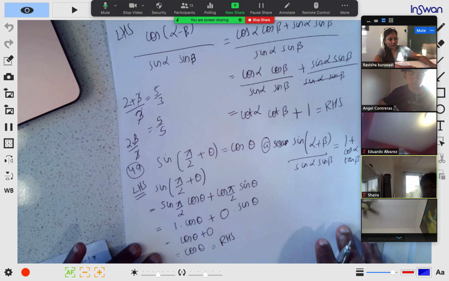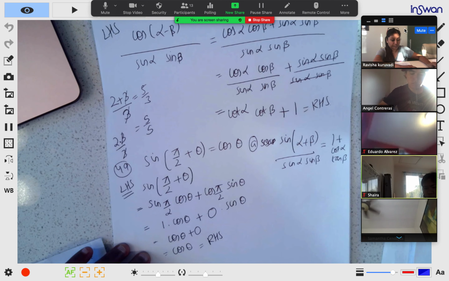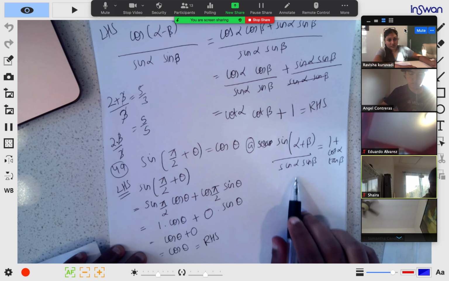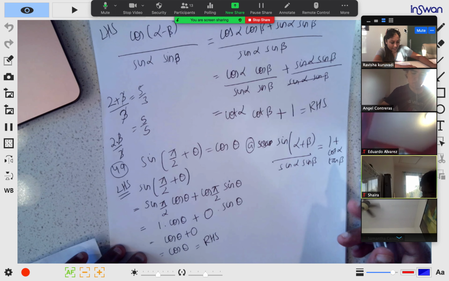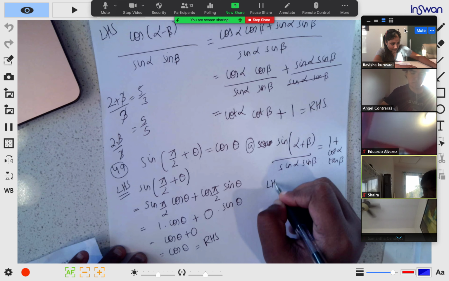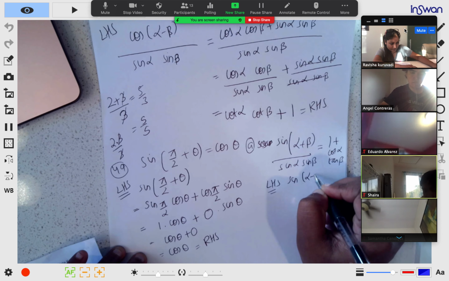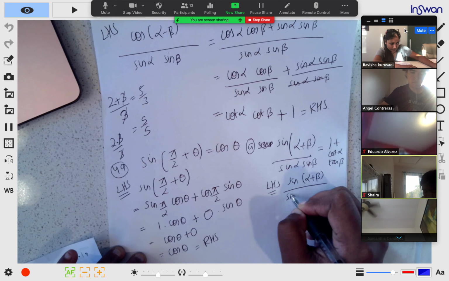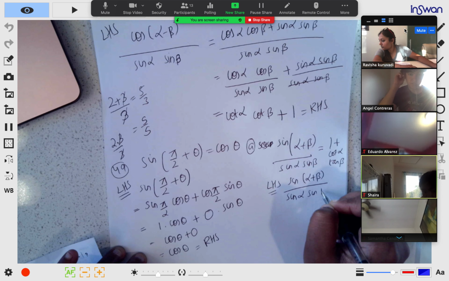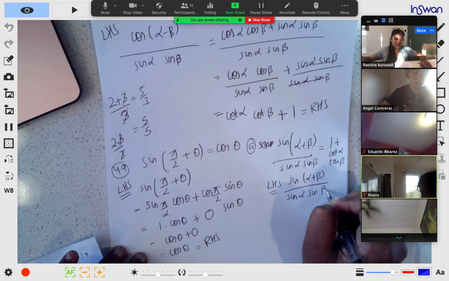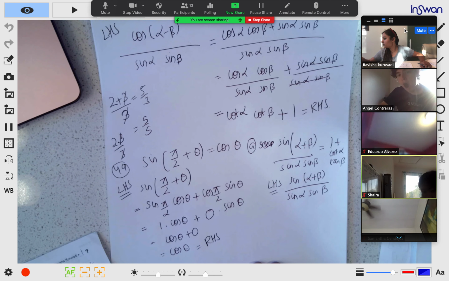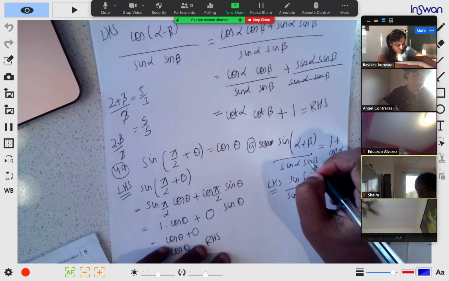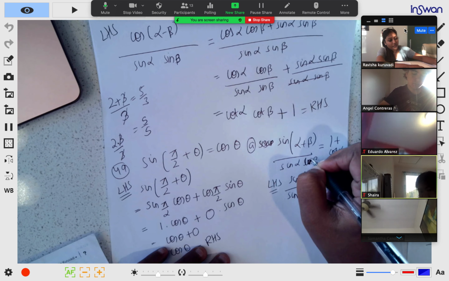Shaira, let's do this A part here. I'll start with my left hand side, and you're going to help me to solve it. What's the right hand side? 1 plus cotangent alpha tangent beta.